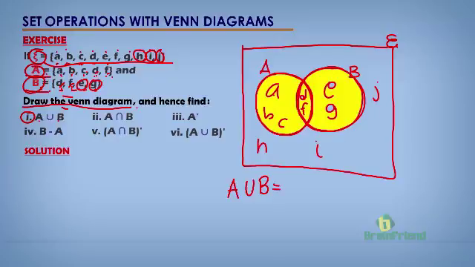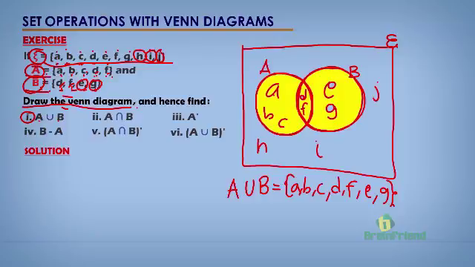Let's quickly take a look. We have element A, we have element B, we have element C, we have element D, we have element F, we have element E, and we have element G. So A union B is the set that has elements A, B, C, D, E, F, and G.